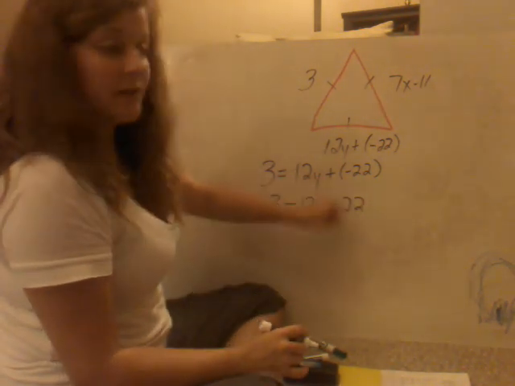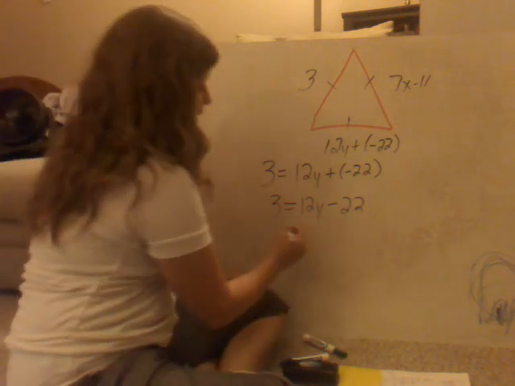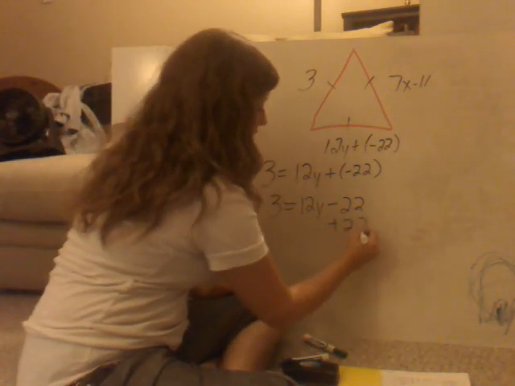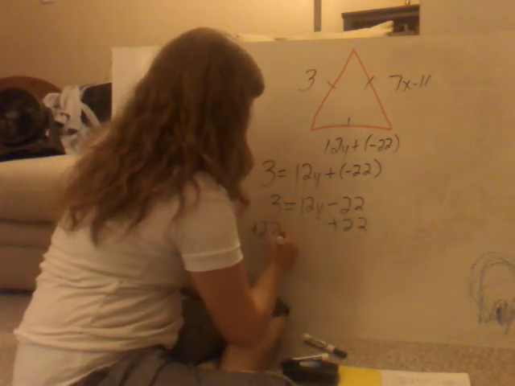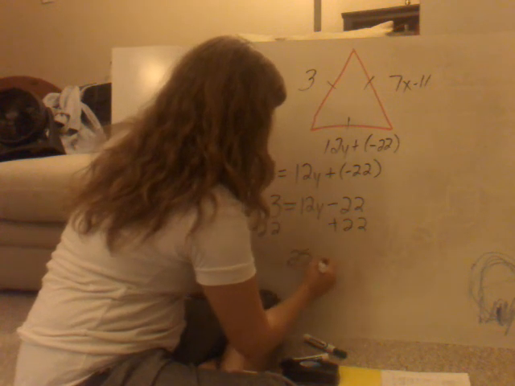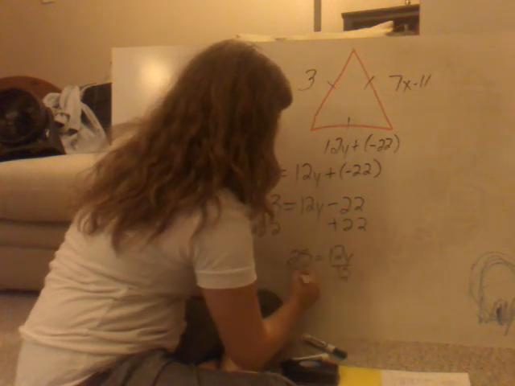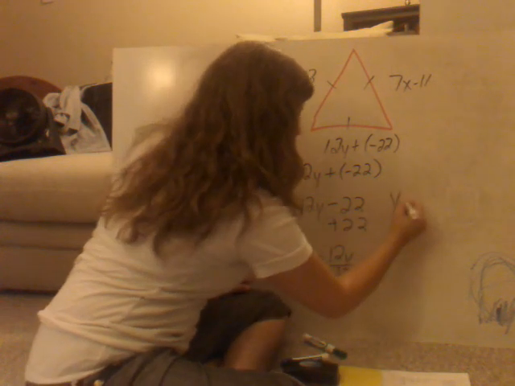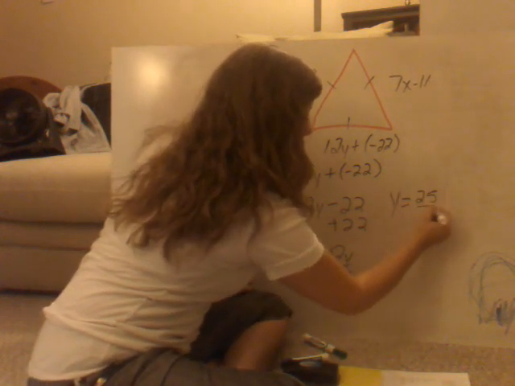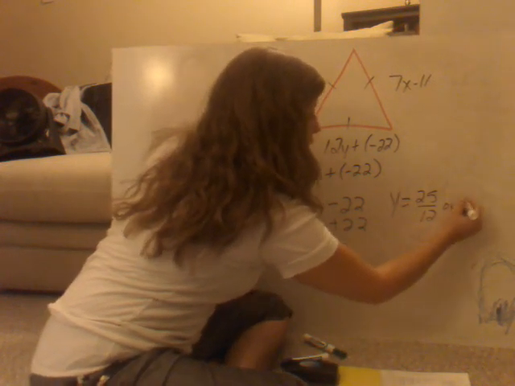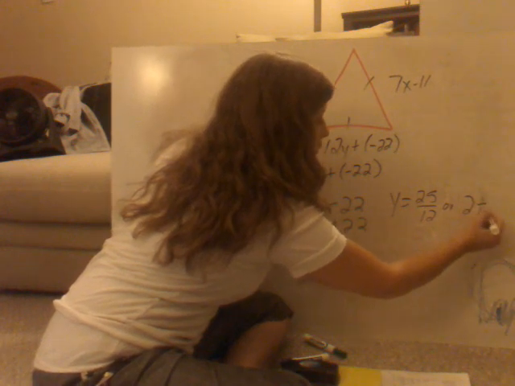Because a positive times a negative is still a negative. So I add 22 to both sides. And I have 25 is equal to 12y. Divide by 12. Y is equal to 25 over 12, or 2 and 1/12.